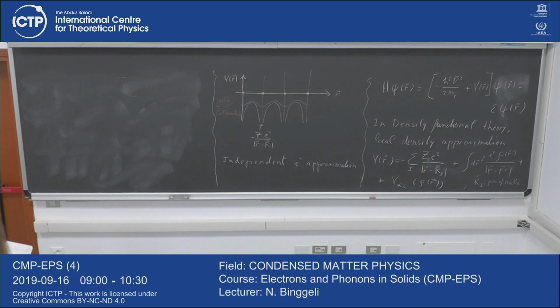So often, in practice, one will solve just for the valence electrons, and the justification is that the core electrons have energies that are so deep, so tightly bound, that their energy scale is orders of magnitude different from that of the valence electrons.